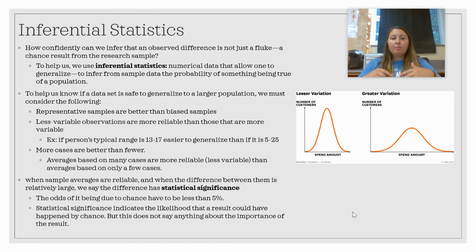And then lastly, more cases are better than fewer. A larger data set is a better indicator of an actual effect of a treatment than just a few people studied. So when the sample averages are reliable, once they've met all those characteristics, and when the difference between them is relatively large, we would say that this difference has statistical significance.